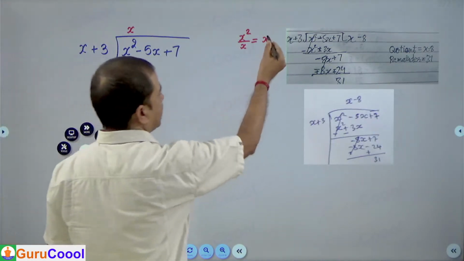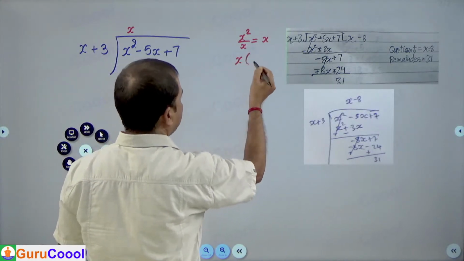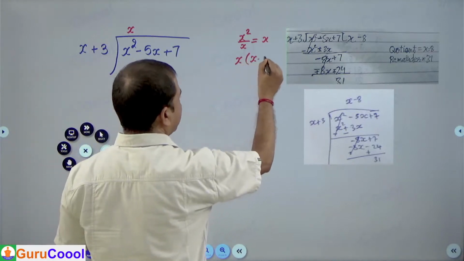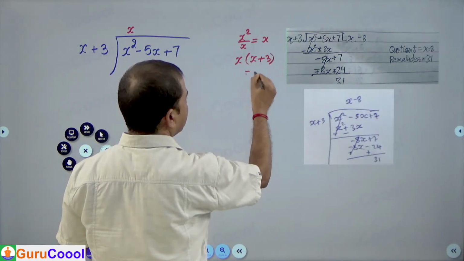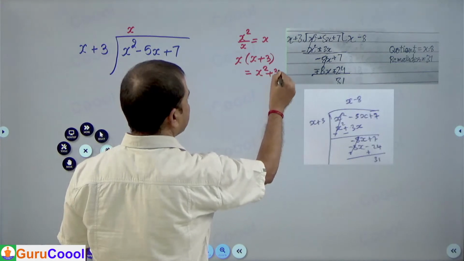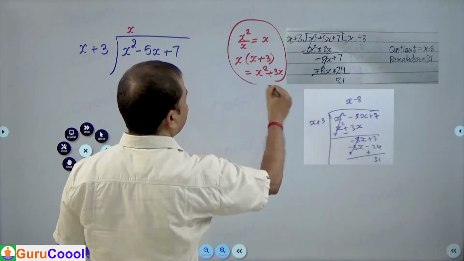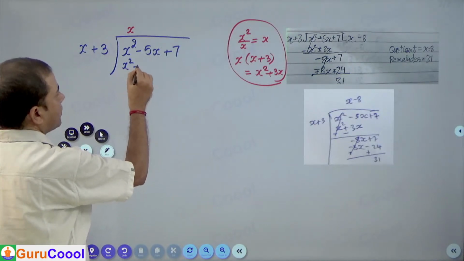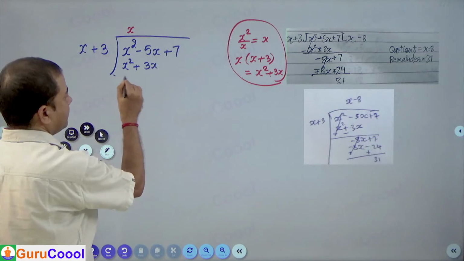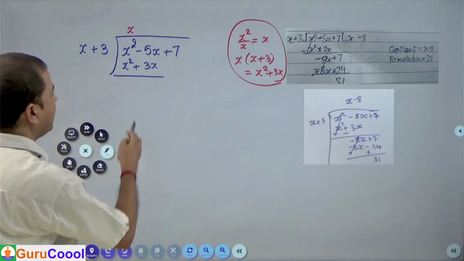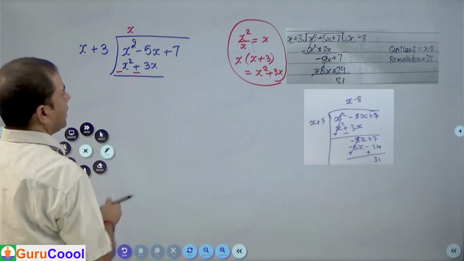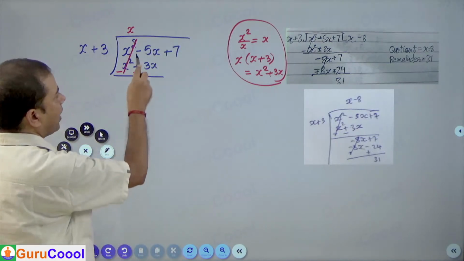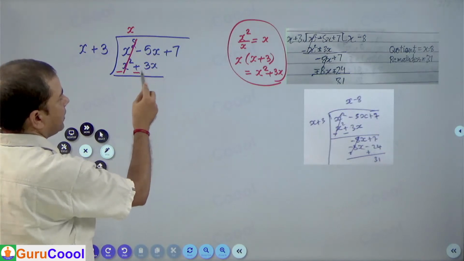Now what to do with this x? x will multiply with divisor x plus 3. What is this? x square plus 3x. Let's write x square plus 3x below it. Change the sign, minus, minus. First term cancels every time, so here also. Minus 5x and minus 3x. How much is it?